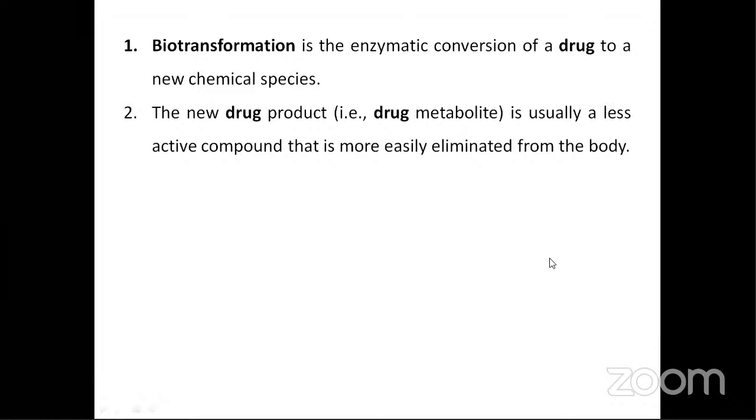There will be an enzymatic conversion or chemical modification from one chemical structure to another. The new drug product is nothing but the metabolite.